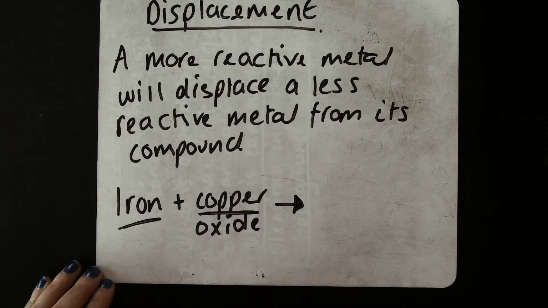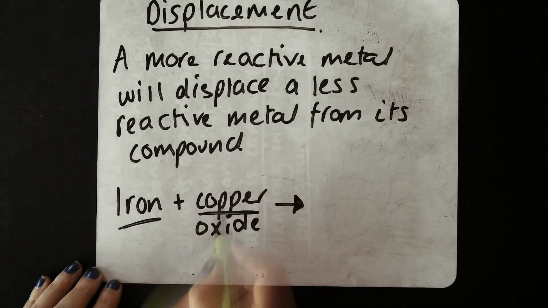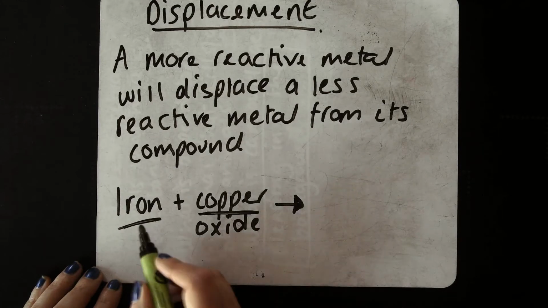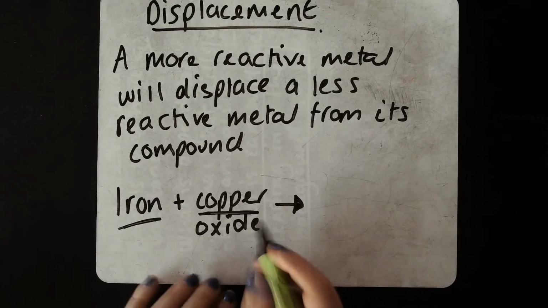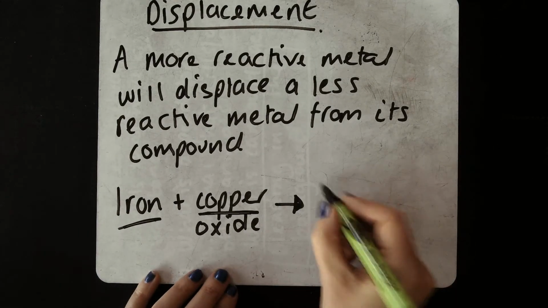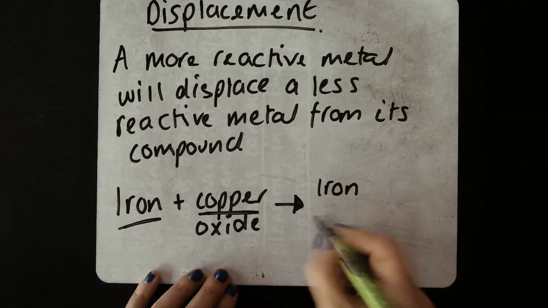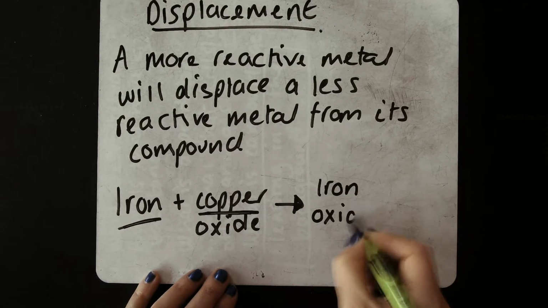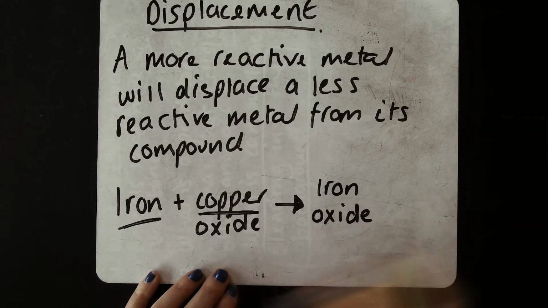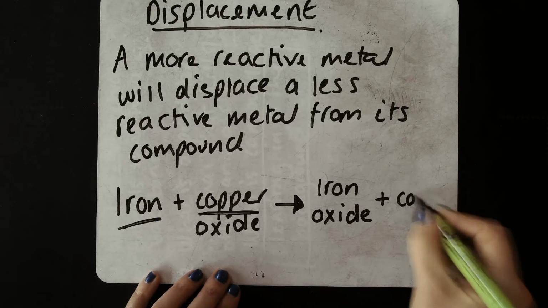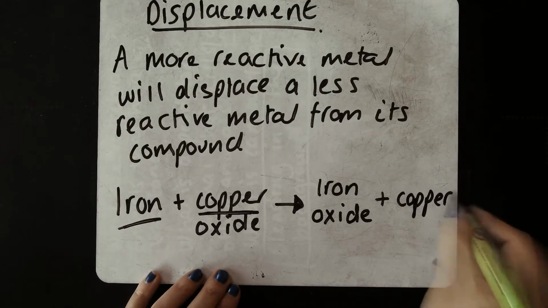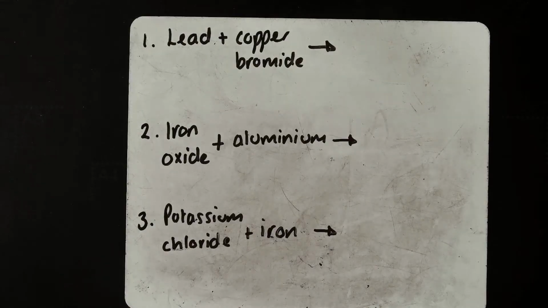You might want to write it down in a list so that you can refer to it throughout this lesson, and we work out which one is more reactive. Iron is more reactive than copper. So iron will displace the copper from its compound. So the iron displaces the copper, so it takes its place and becomes iron oxide, which means the copper is left by itself.